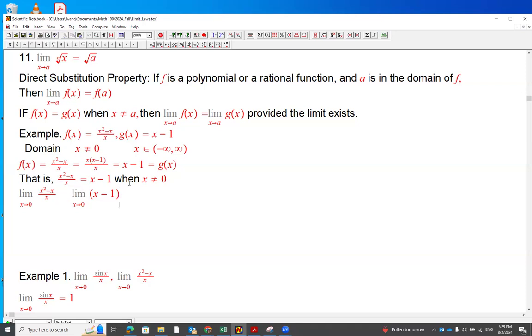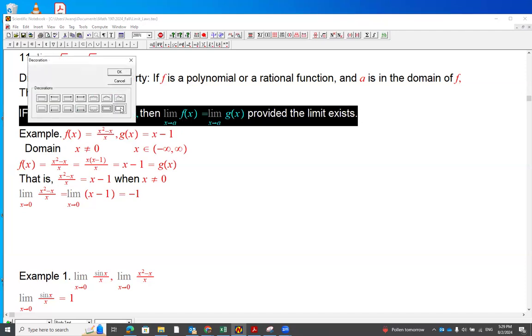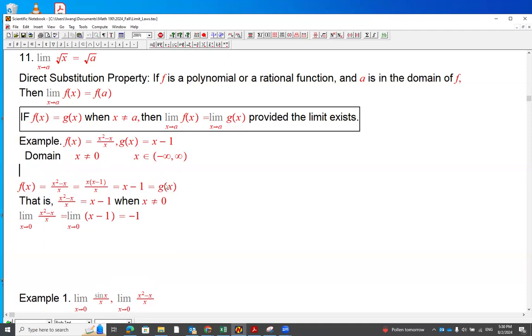The latter limit exists, which is equal to -1. We can apply direct substitution, and therefore these two limits are going to be the same according to this theorem. So this theorem is actually very, very important. We use it very often, and sometimes we hardly even notice. So here, I'd like to bring to your attention the use of this limit.